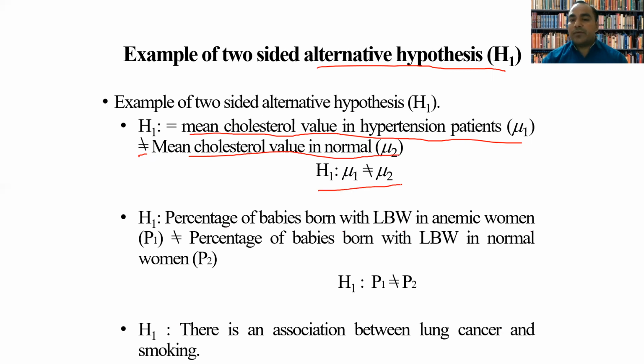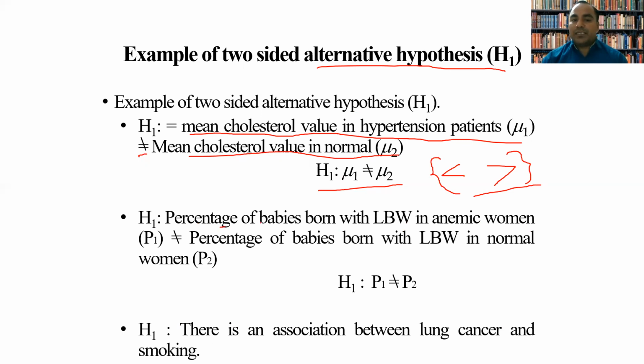Mu1 does not equal mu2 means direction is not clear. It may be mu1 less than mu2, or it may be mu1 greater than mu2. So this kind of situation is coming here. That's why it is known as two-tailed test, two-sided test, or non-directional test.